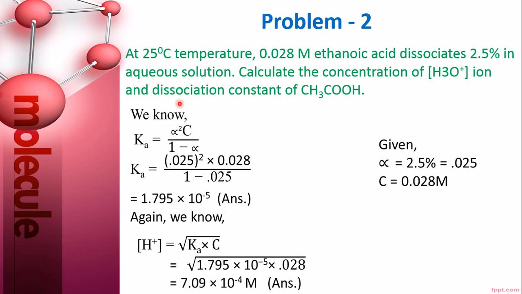Now, you know Ka equals alpha squared C divided by 1 minus alpha, and after putting in these values we get Ka equals 1.795 into 10 to the power minus 5. Again, we know hydrogen ion concentration equals, what did we learn, root over Ka into C. Here, after putting in these two values, we get hydrogen ion equals 7.09 into 10 to the power minus 4 molar.